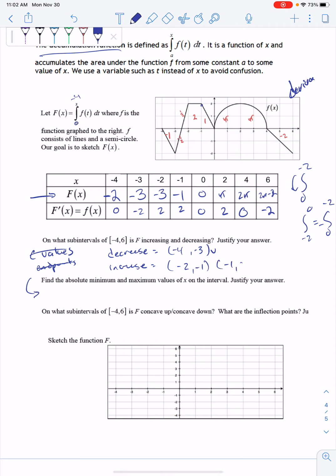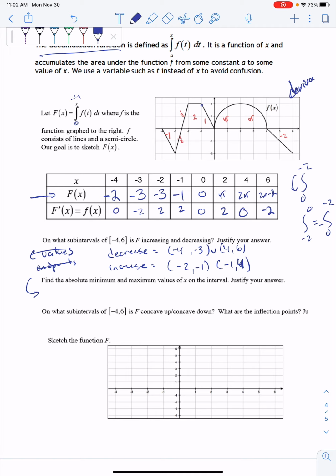So we're going to say from -1 to 4, we're still increasing. And then from 4 to 6, I'm decreasing, right? From 4 to 6, my function is going down. If I look at the slope of my function, my f of x, we're going down from 4 to 6.